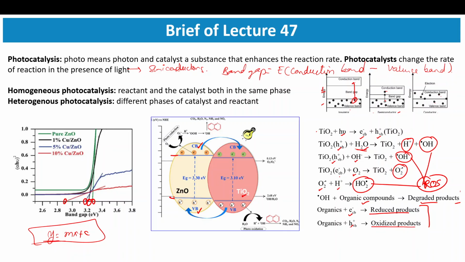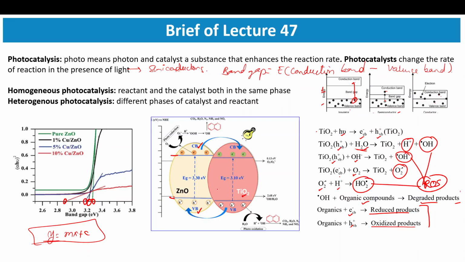As you know, this OH radical is an oxidizing agent that can further react with organic compounds to form degraded products. And the electrons utilize OH minus present in water to form again the OH radical, right?